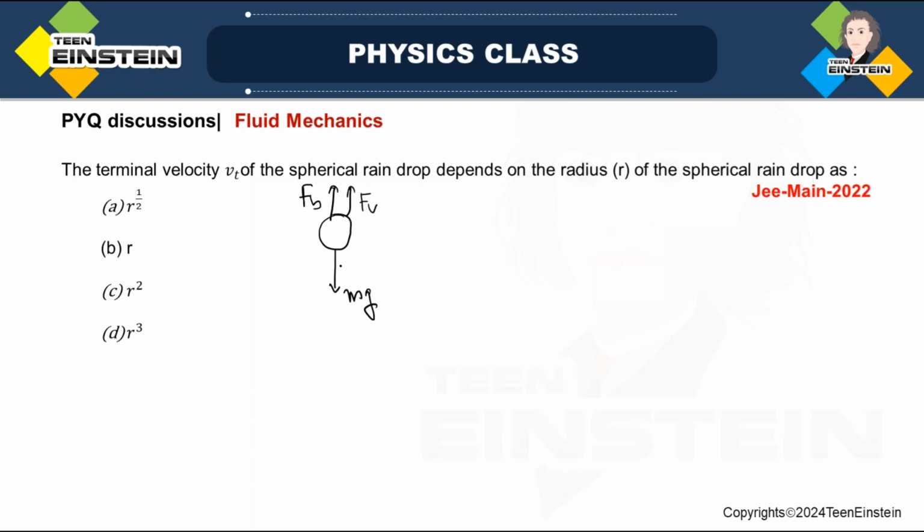So suppose the terminal velocity is Vt, then I can write Fv. Let me write Fb.